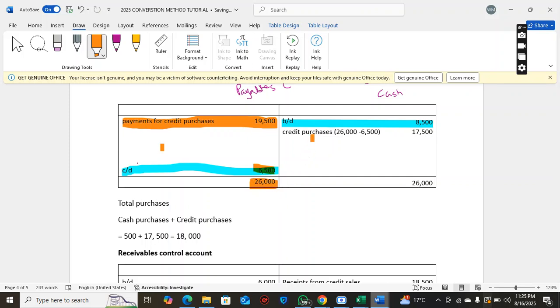So in order to get your credit purchases, you say 26,000 minus 8,500 here, you get 17,500. So this 17,500 is your credit purchases. Any questions?